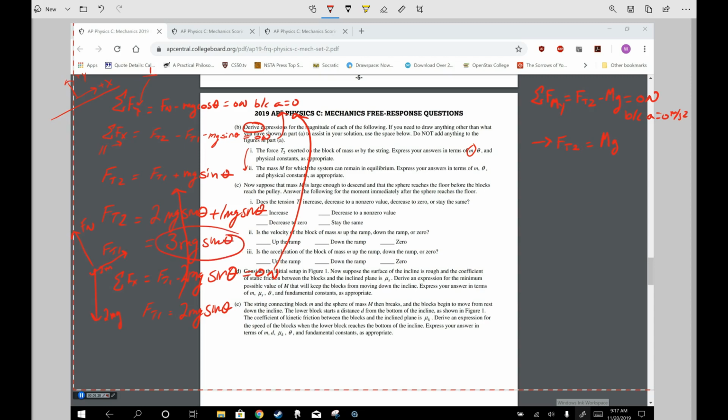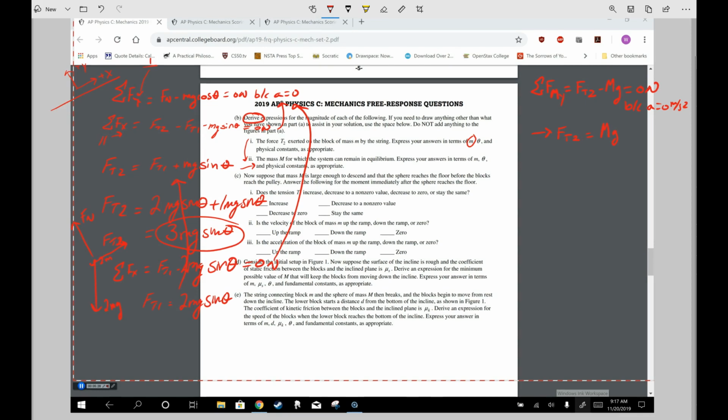And that would be our answer for part I. Now that we know what Ft2 is, to do part II is very straightforward. We would substitute and say that 3mg sine theta equals big Mg. So in order for this to be true, notice that the g's divide out. M must be equal to 3 little m sine of theta.